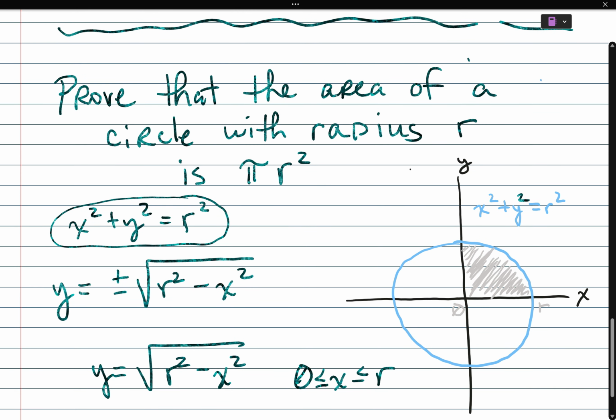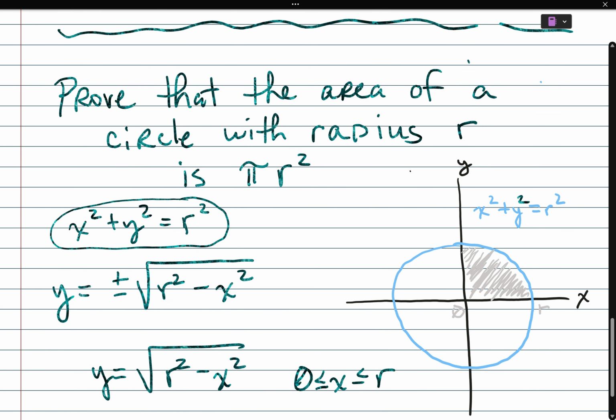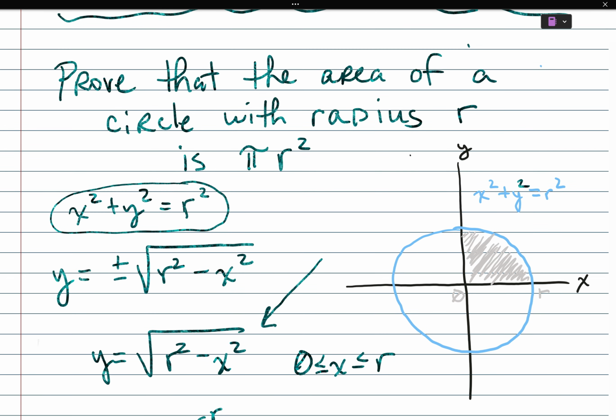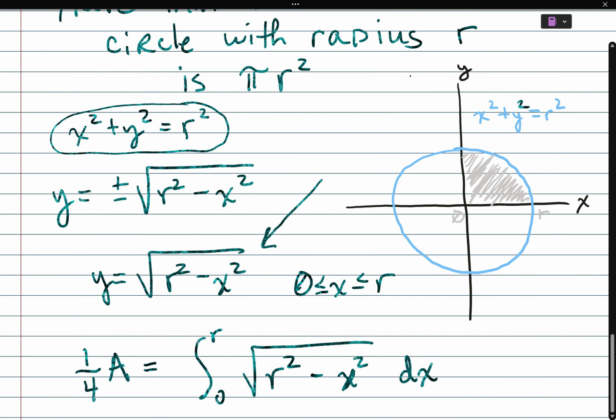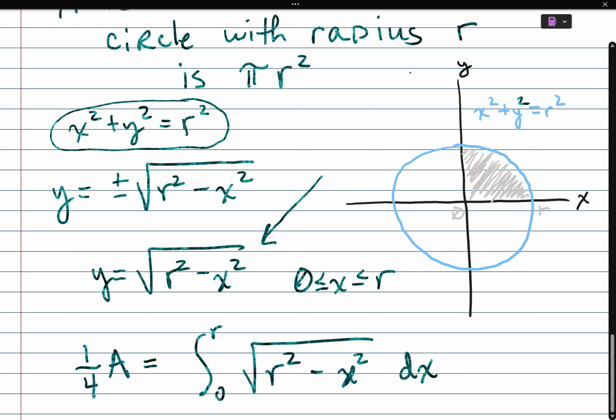Okay, so the part of the circle in the first quadrant is given by the function y equals the square root of r squared minus x squared, right? Because it's in the first quadrant. So therefore, we have 1/4 of the area is equal to the integral from 0 to r of the square root of r squared minus x squared with respect to x.